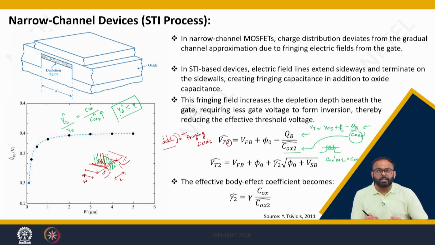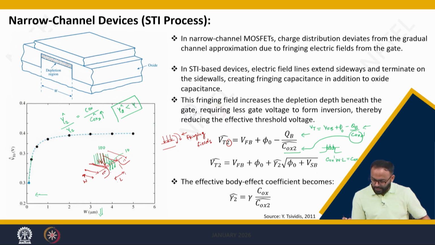Again, for physical understanding, you can think like 100 field lines are coming from the gate, but additionally, let us say 10 field lines coming from the gate will also cause the depletion. Thus, the overall effort by the gate is reduced, and hence the threshold voltage will reduce. That is why, if you reduce the width of the device, you will find threshold voltage roll off. It means for very narrow devices, the threshold voltage will reduce.